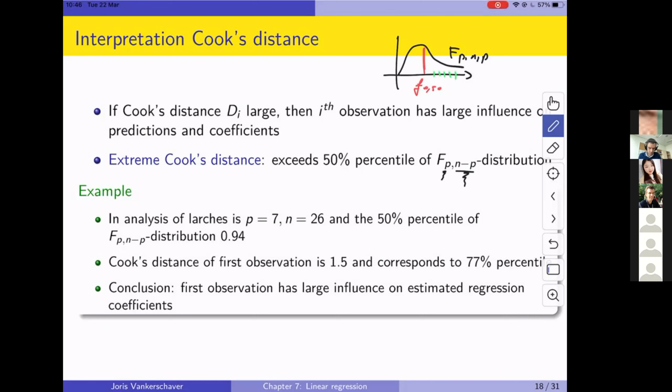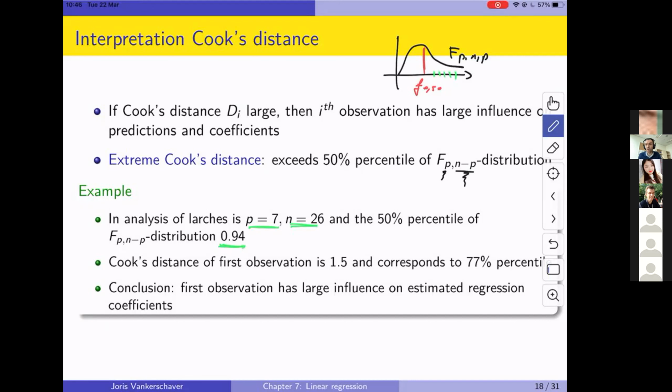Okay, so in the analysis of larges, if we include the interaction term, we have 7 parameters: 4 predictors, 1 intercept, 2 interaction terms. We have 26 data points, and therefore we can calculate, again with R probably most easily, that the percentile is 0.94.